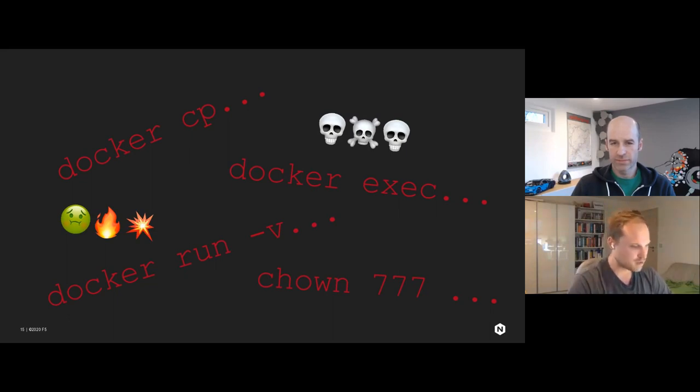If you mount something from outside, then most of the time you have to chmod 777 just to make it easy on your dev machine, all that kind of thing. And that personally annoyed me a lot.